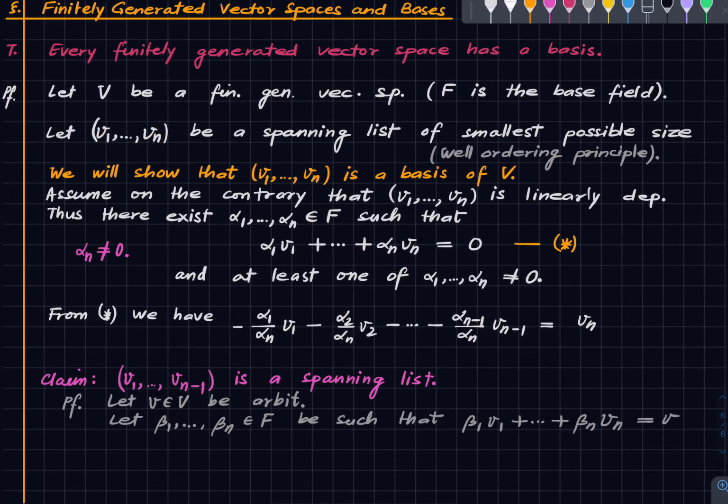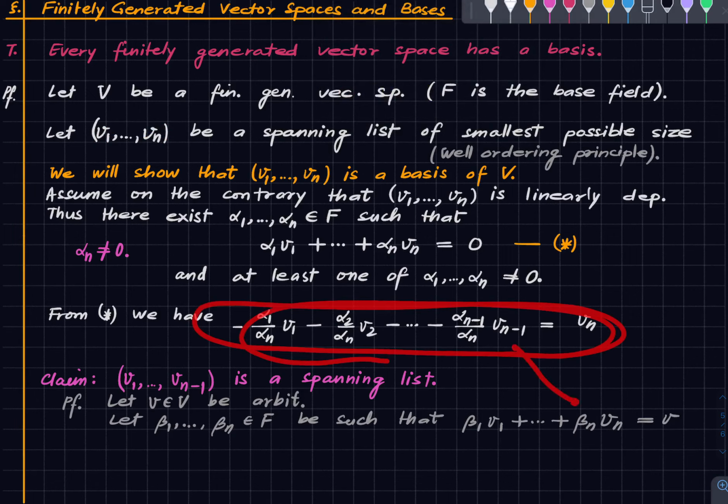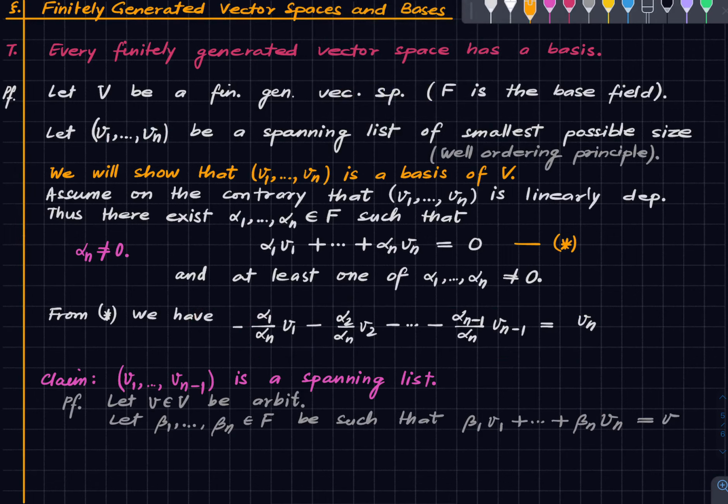And now we just substitute the expression of vn that we have here. So let's call this double star. Use double star basically. I do not want to use a different page, so let's just try to finish it here.